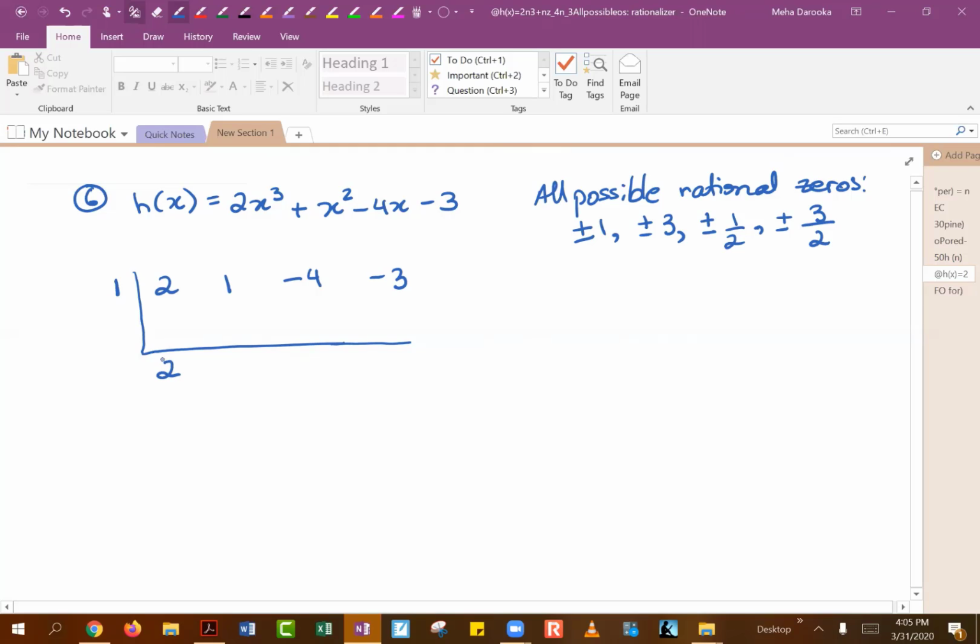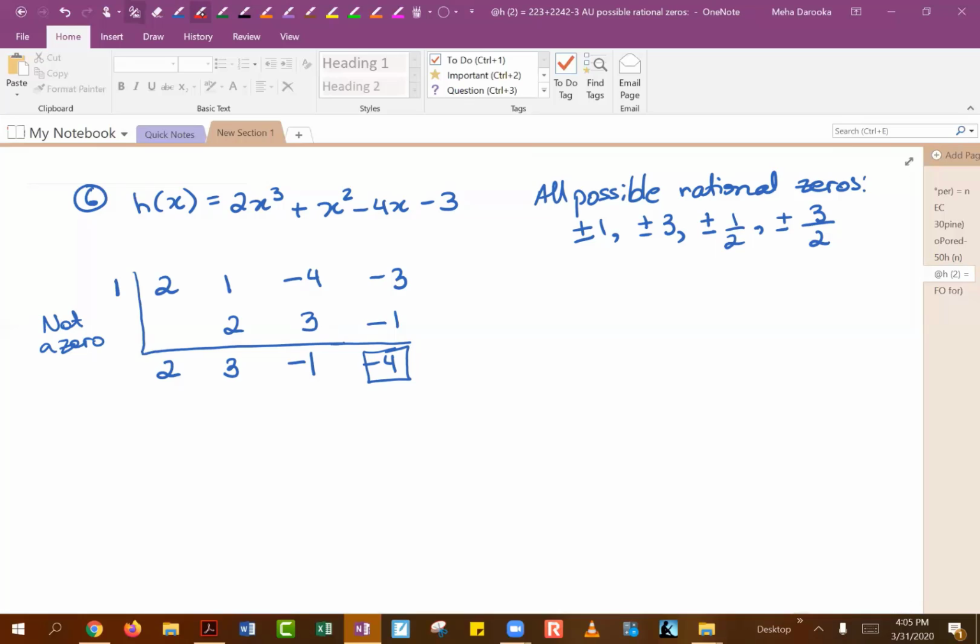Then you're doing 2 times 1, which is 2. Add, so 2 plus 1 is 3. 3 times 1 is 3. I'm adding negative 4 with 3, which comes out to negative 1. Then negative 1 times 1 is negative 1, and we get an answer of negative 4. So this is not a 0 remainder, which means this one is not a 0.